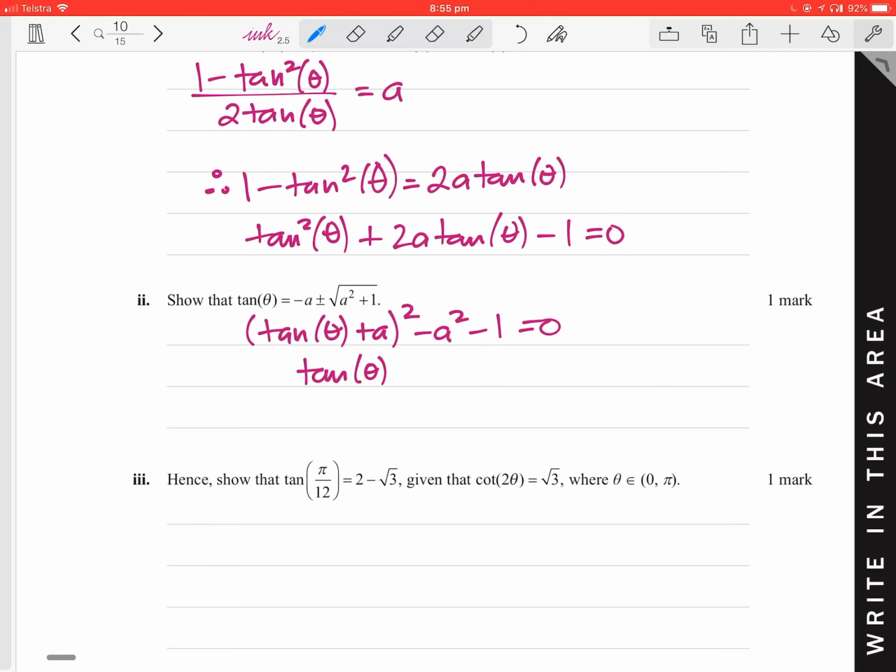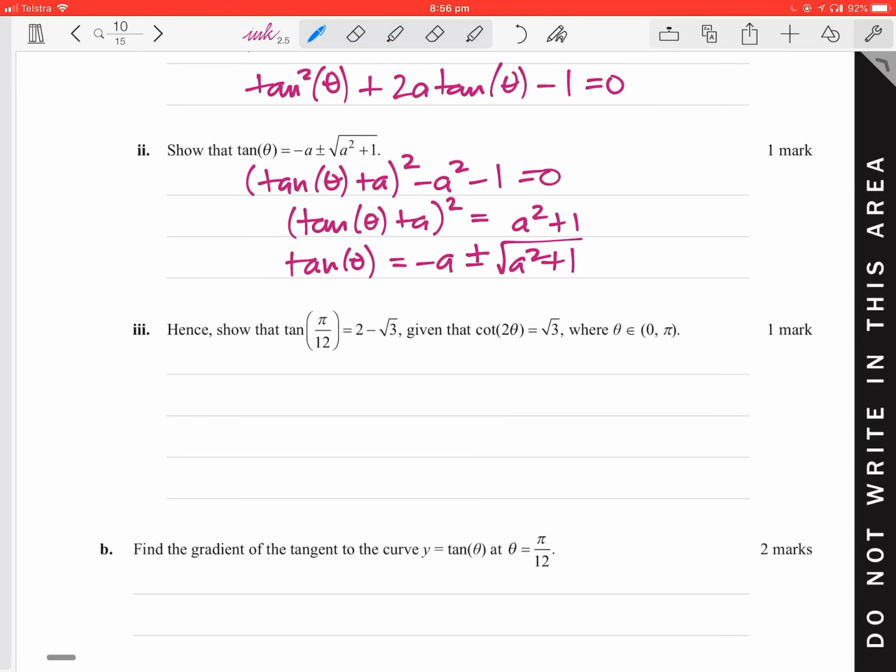Tan theta plus a, all squared, is equal to a squared plus 1. Square root that and subtract a, so tan theta is equal to negative a plus or minus the square root of a squared plus 1. That looks good.